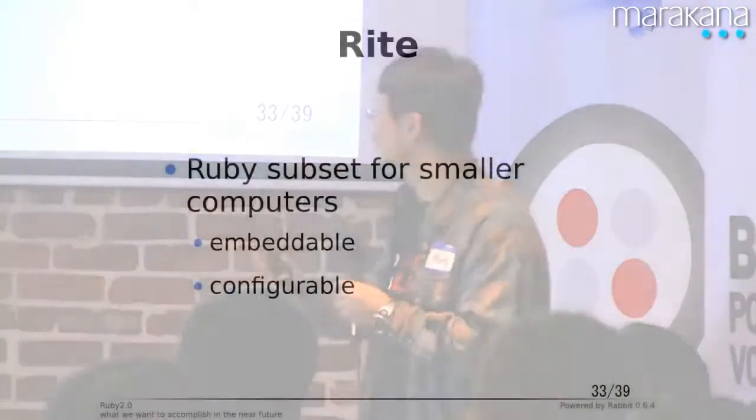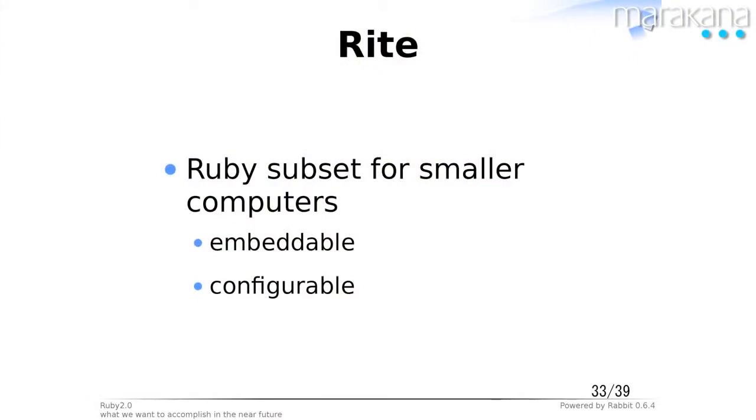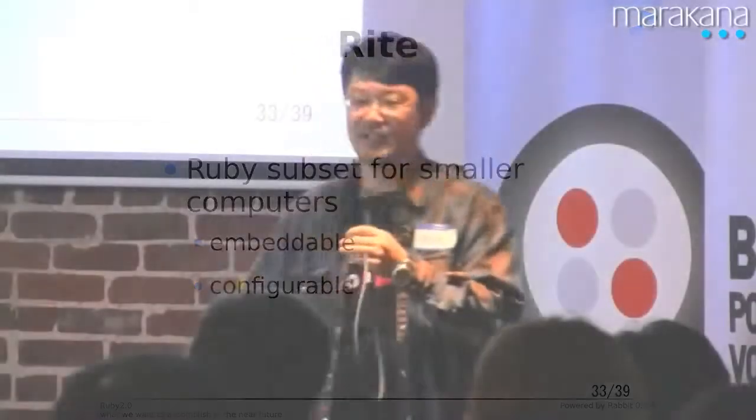And it's a totally new implementation. Write is the Ruby subset for smaller computers. It's embeddable and configurable. For example, we have the embedded system, where the implementer is one-off. You can configure the smaller implementation.